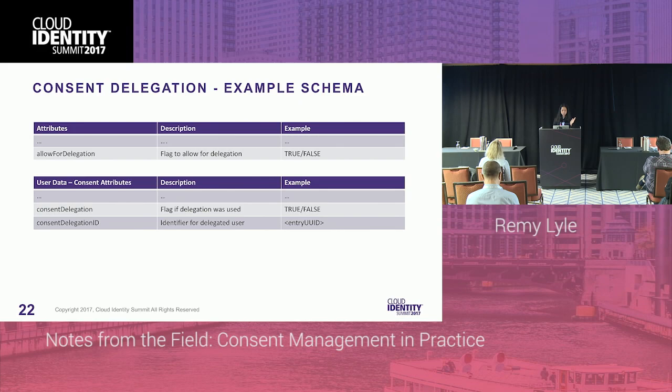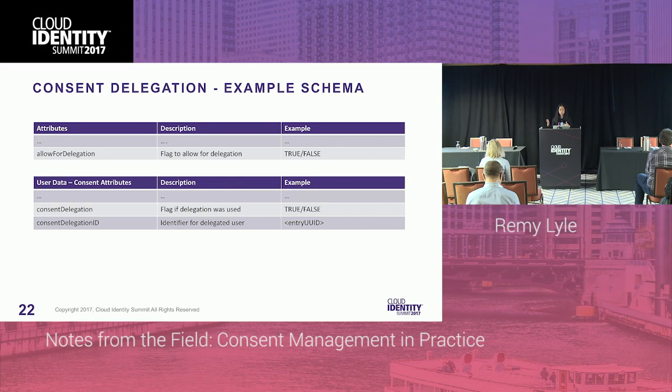And consents, I'll just skip to a couple of slides here. You'll notice here's an example schema that we came up with for consent delegation. At the top, we're adding a flag on the consent object itself that says, are we allowing this consent to be delegated, yes or no?